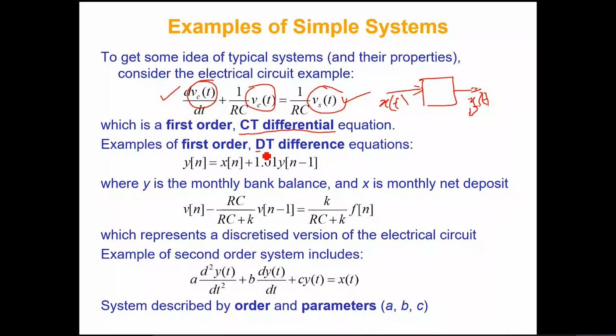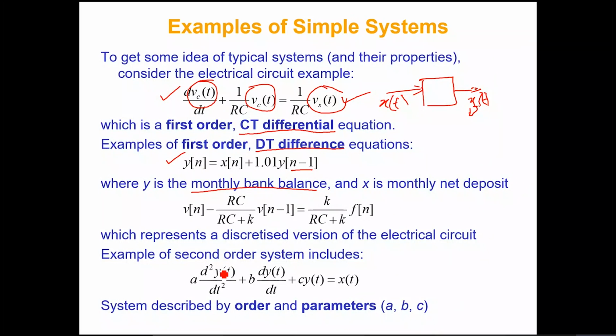Similarly, for a discrete time system, the equation giving the relation between input and output is called a difference equation, because once we write the relationship mathematically, we end up with differences like this. We saw this example last time, an equation for monthly bank balance.